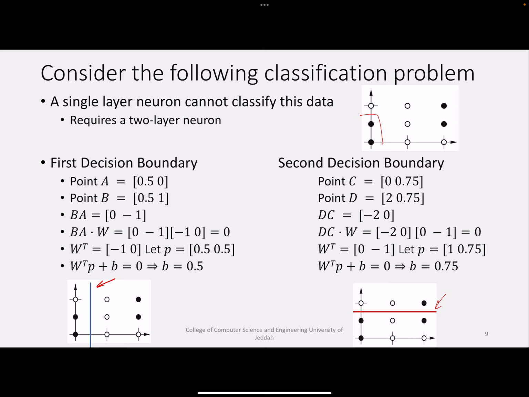By now you should understand how to find these decision boundaries. Pick 2 points on these boundaries, say 0.5, 0 and 0.5, 1. This example doesn't show the scale.